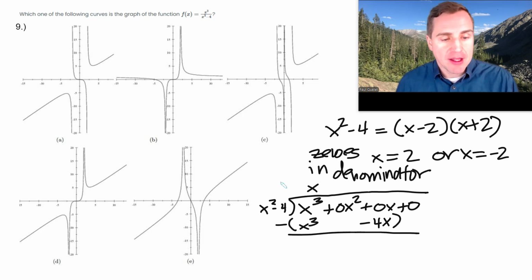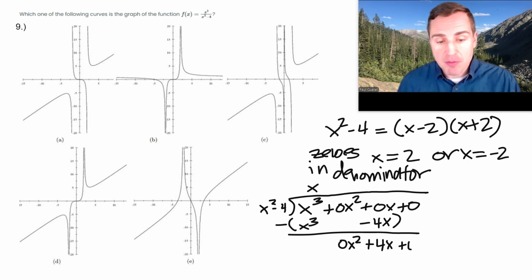I'll subtract. Then we're going to have 0 here. Then notice we've got 0x squared and then minus a negative, so minus a negative 4x is actually plus 4x. And then we bring down the 0. So how many times does x squared minus 4 go into 4x?